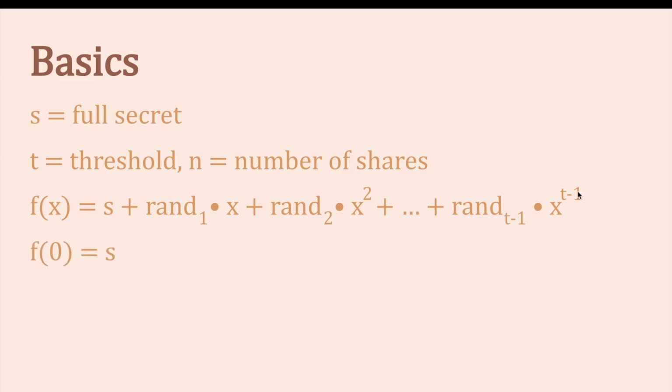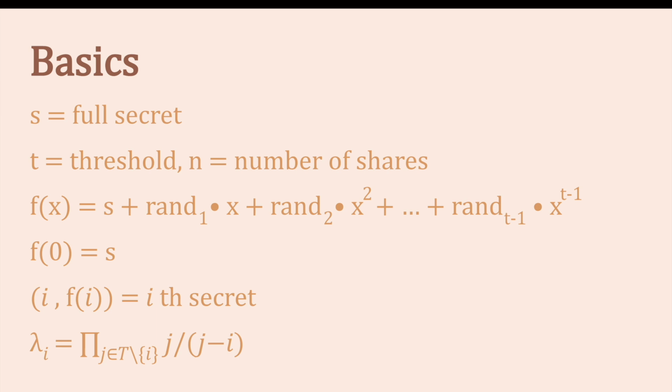F0 is the full secret, and the tuple E, F(E) is the E-th secret share. It's a polynomial evaluation, and the Lagrange coefficient is the interpolating value. It's basically the product of all signer indexes multiplied by the multiplicative inverse of each individual gap, except for E.